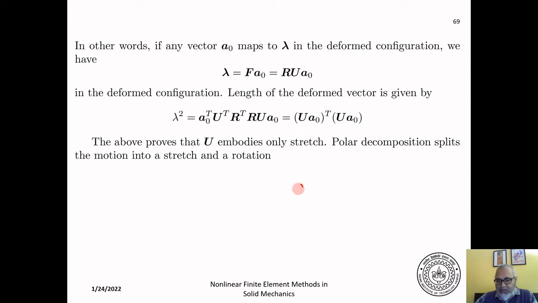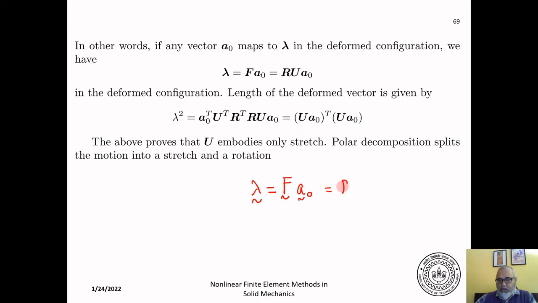Suppose I have a line segment A naught in the undeformed or reference configuration. It will map to F times A naught in the deformed configuration, and let's call this deformed vector lambda. So this is in the deformed configuration, this is in the reference configuration.